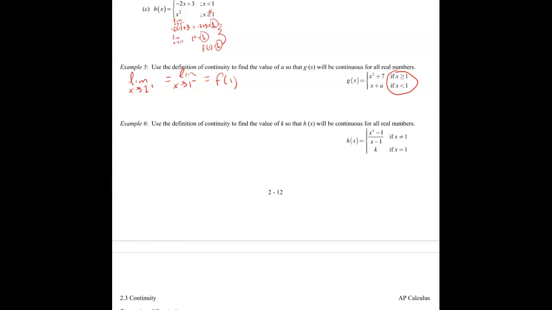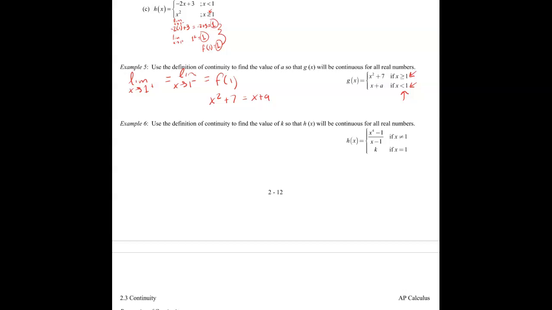Alright, so guess what? Just like before, this is going to be from my right hand side, and this is going to be from my left hand side. So that's nice, that's neat. So I want x squared plus 7 to be equal to x plus a, when x is equal to 1.